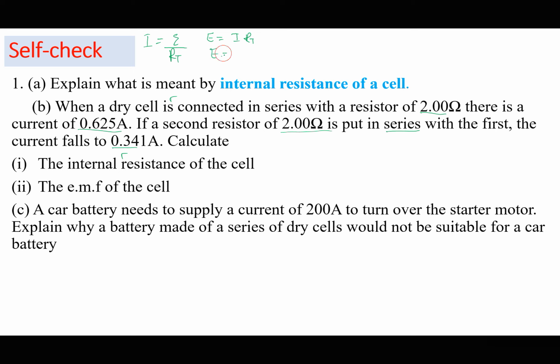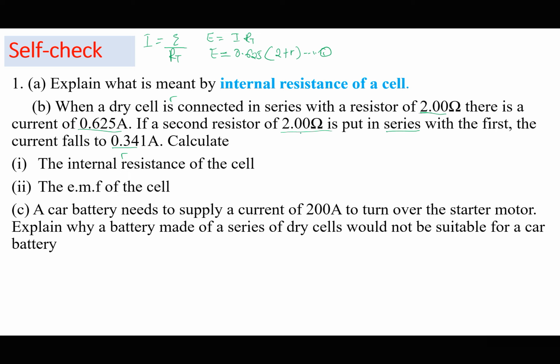Let's say E equals the current, which is 0.625, times the total resistance. Because we have the 2 ohms in series with the internal resistance of the battery, this will be 2 plus small r. Let this be equation one.